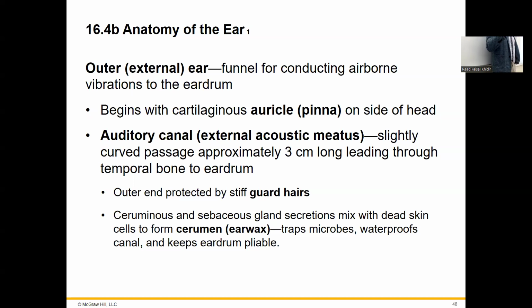This outer external ear looks like a funnel, actually. This auricle is made up of cartilage. The upper part of your ear is made up of cartilage. What about this bottom lobe? What is this lobe made up of? That's not cartilage, the one where you put the earring. What could that be?